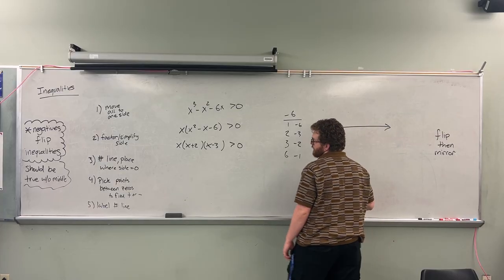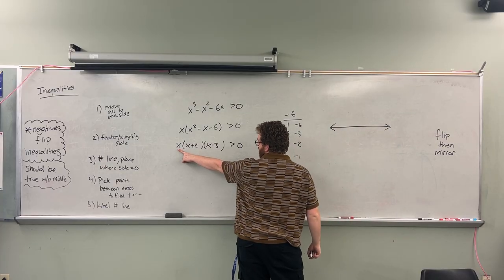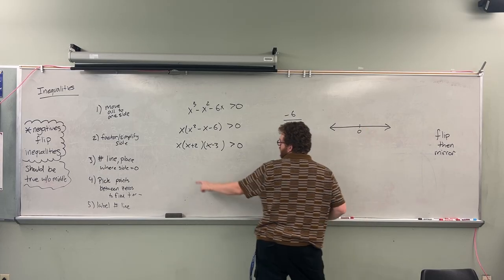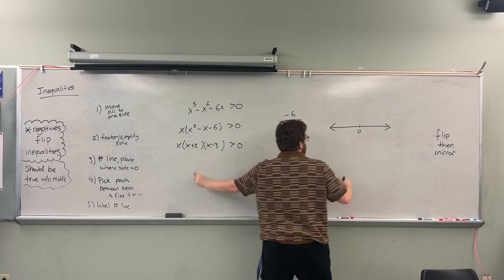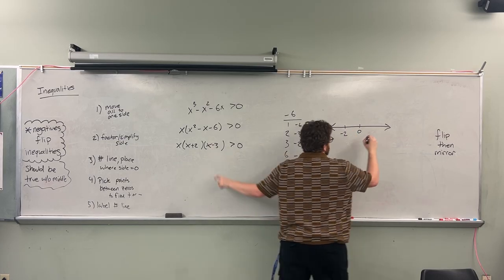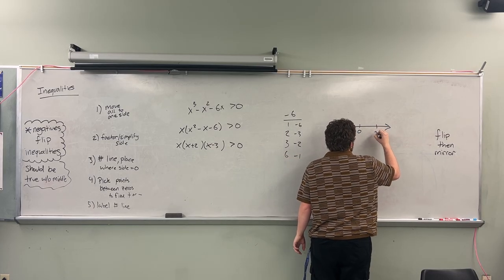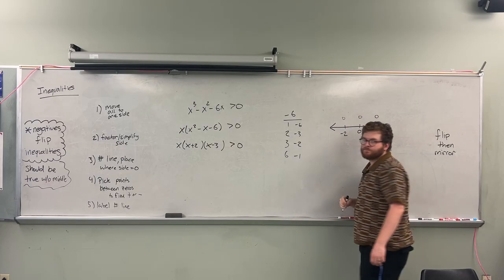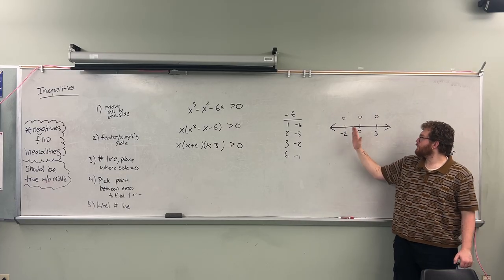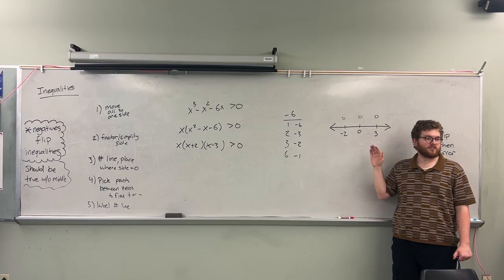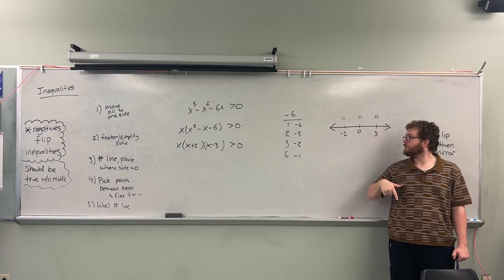This is going to be 0 at x equals 0. If I plug in 0, this is 0. At x equals -2. And at x equals 3. It's 0 at these places. And now I want to go between these points and pick out values to test whether it's positive or negative in that region.